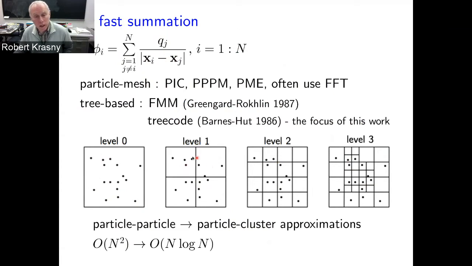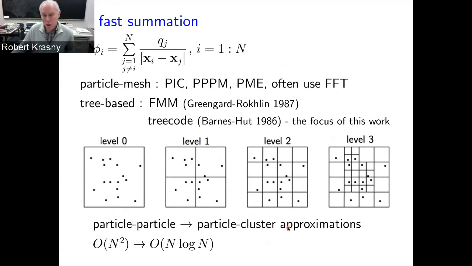When a cluster of particles is well separated from a target, there are approximations that can be used. Of course, this particle is not well separated from other particles, but if you go to the next level in the tree, then that particle might be well separated from some other clusters. This can be organized in such a way that the operation count is reduced from order n squared to n log n, at the cost of introducing some approximation error, which can be controlled.